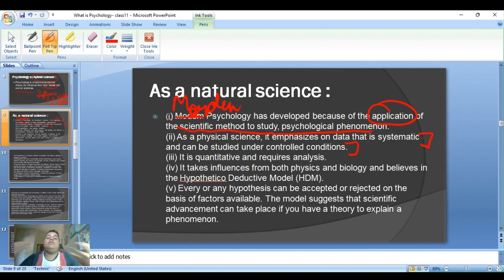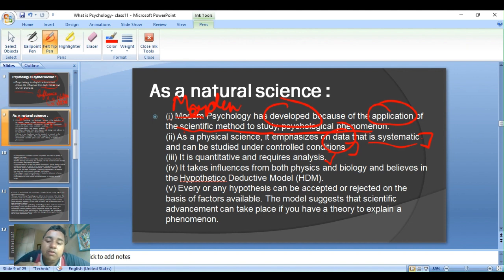As a physical science, it emphasizes data that is systematic. It can be studied under controlled conditions. It is quantitative and requires analysis.